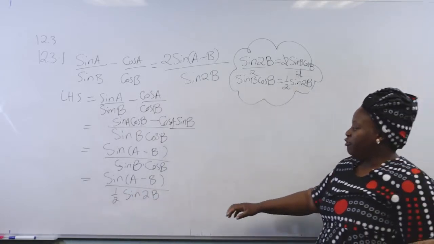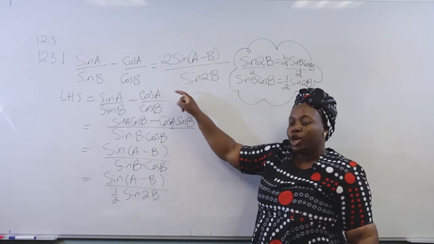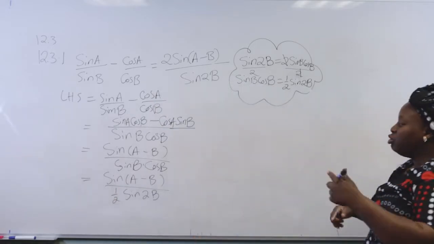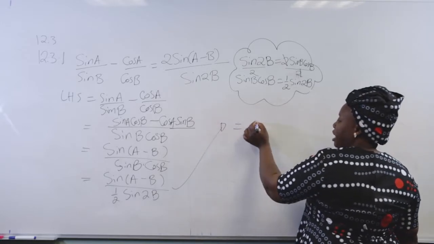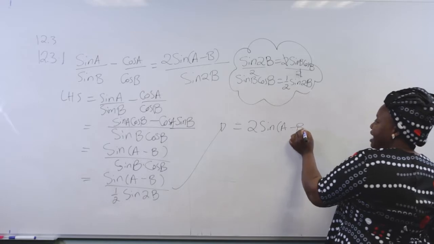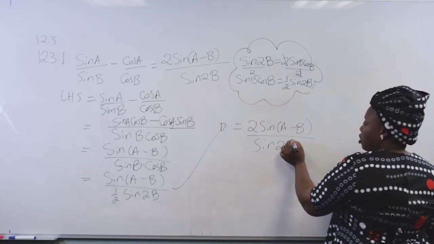Now, if we are having half sine 2B, we already have our 2B, that's what we want. We are left with the 2. This is division. If we flip and multiply, the 2 is actually going to go up. So if that's the case, then it means that we'll have 2 sine (A minus B) divided by sine 2B.